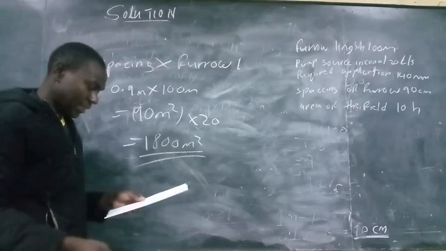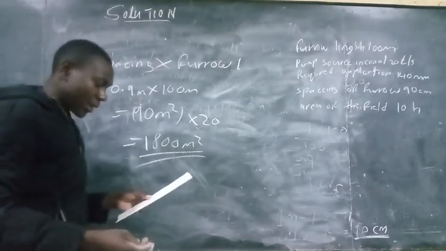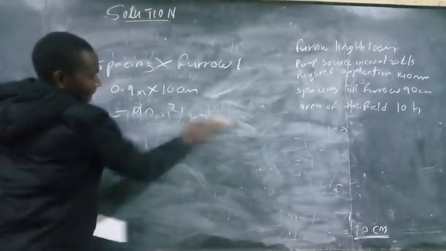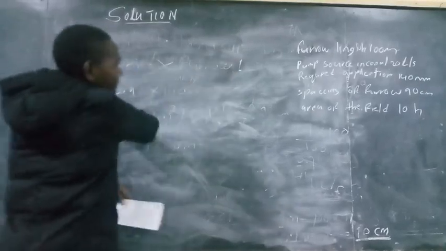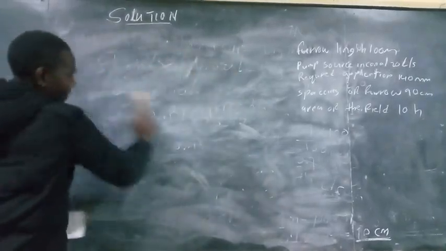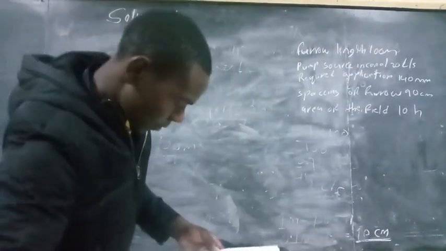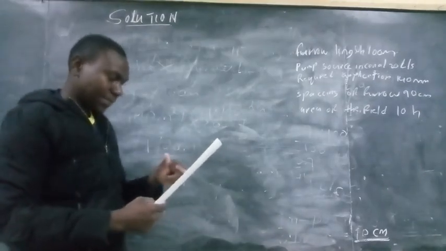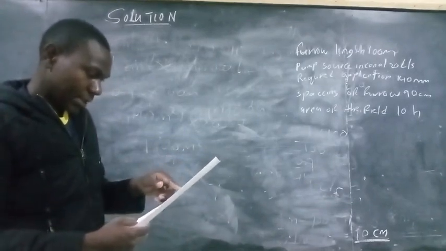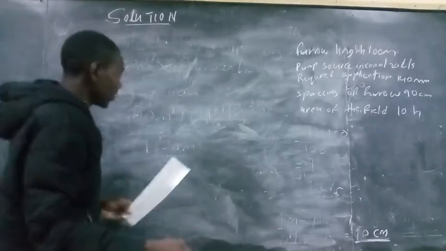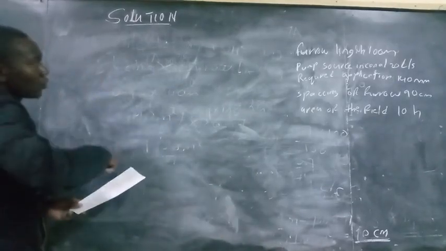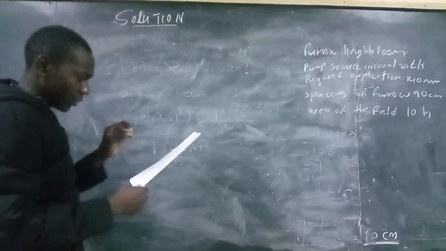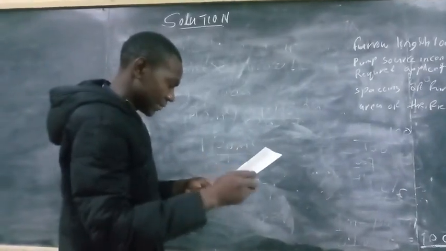Then we go to the last question now, which is the time required to irrigate the whole field, which is a very simple one again. The time required to irrigate the whole field: first of all, you have to go back to the time which you had to irrigate the area of the specified number of furrows.